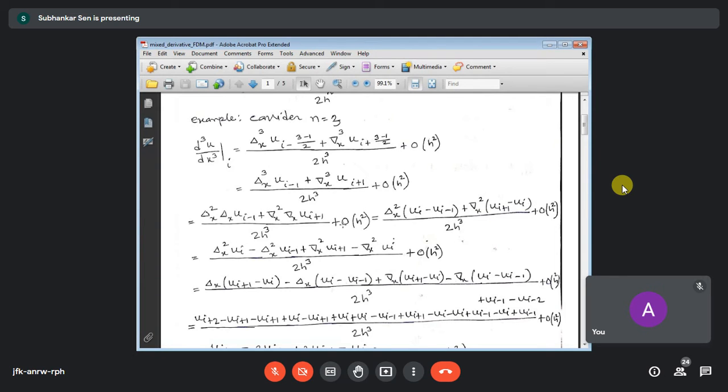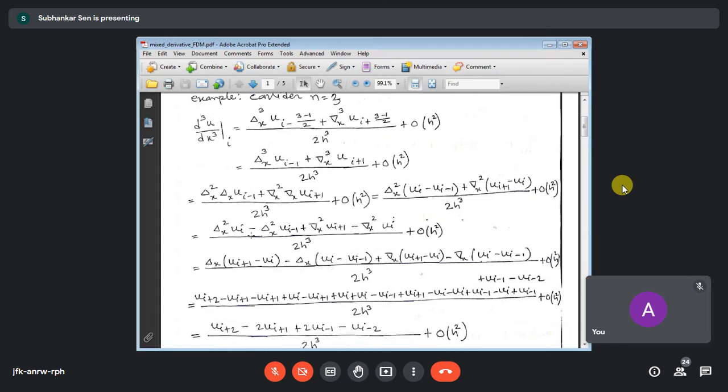So u(i+1) minus u(i), this is the backward difference formula. Now you have to simplify this term here: del x square u(i) minus del x square u(i-1). That we are doing here, and the remaining part we are doing here. So this we are doing by 2h cube.